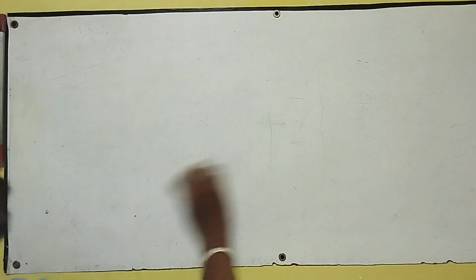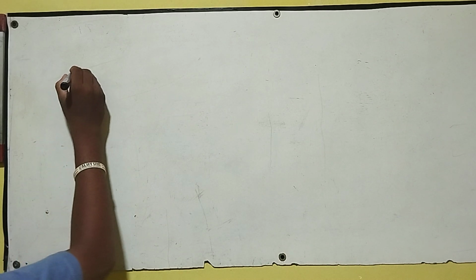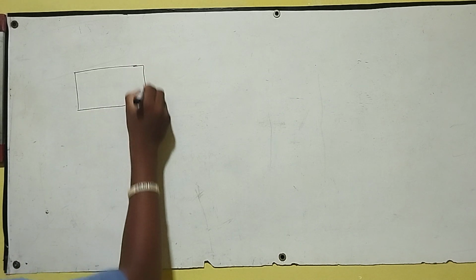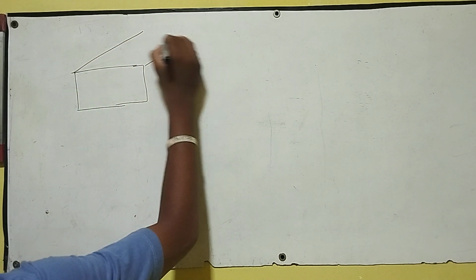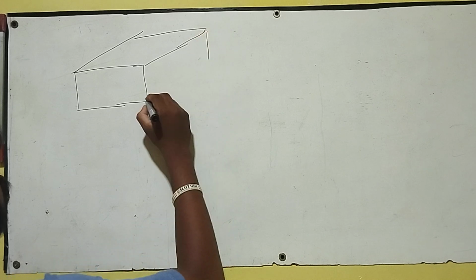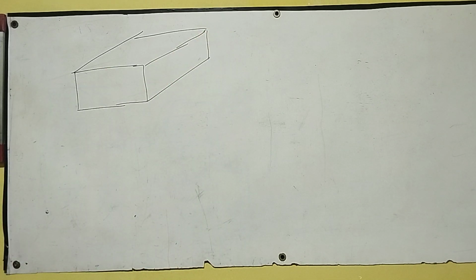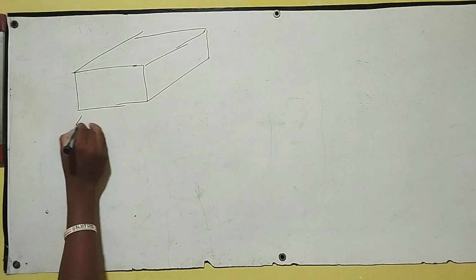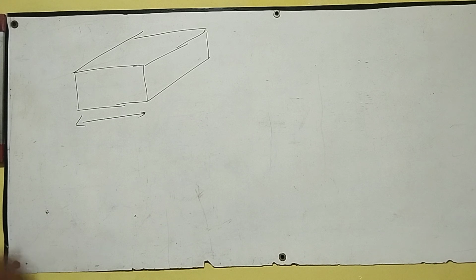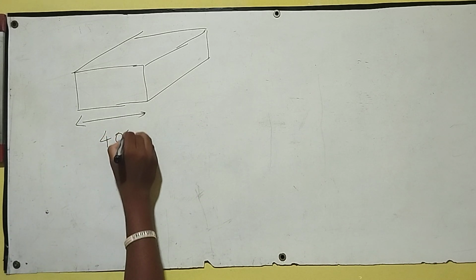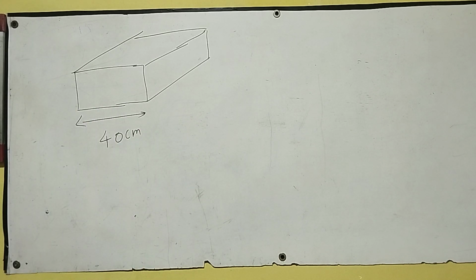Now we are going to explain the examples. Okay, according to the first example, now I am going to draw the figure. Here is the figure according to the question. Length is equal to 40. What is the width value?